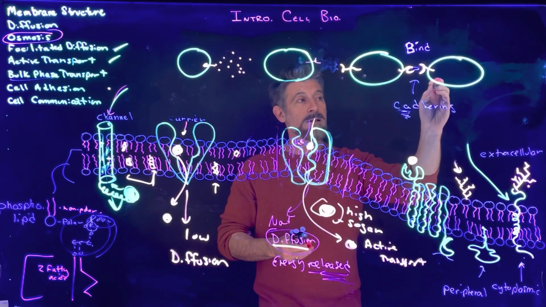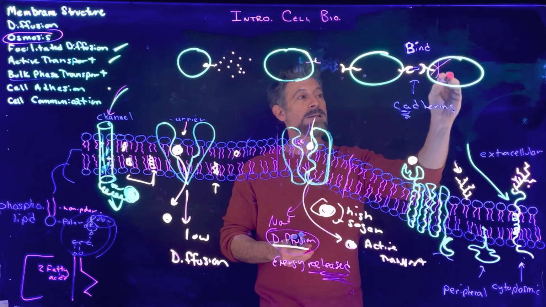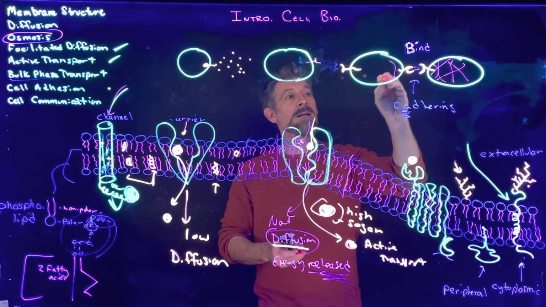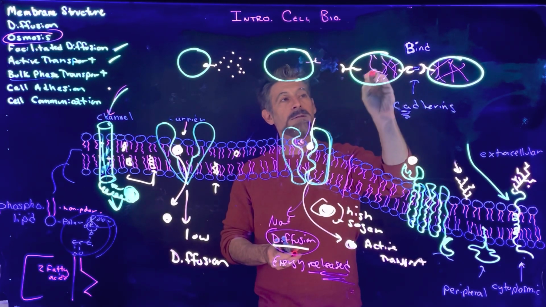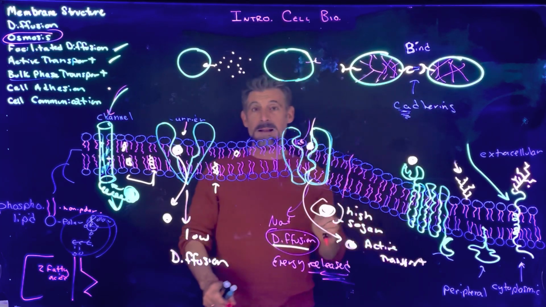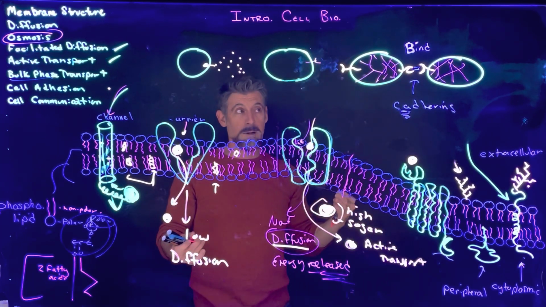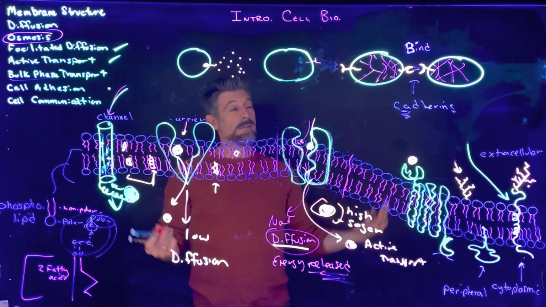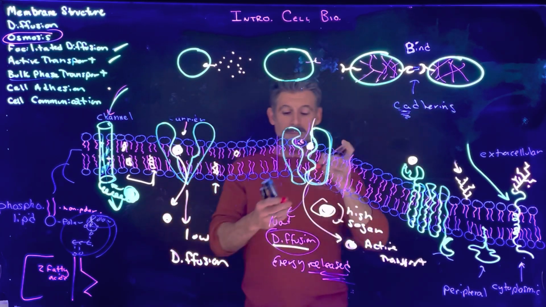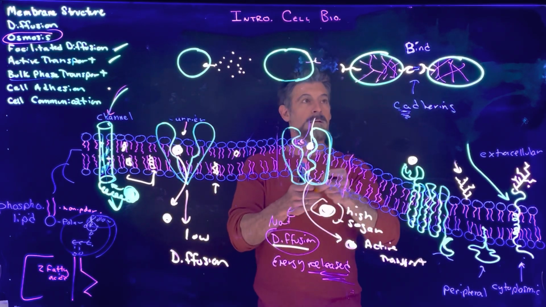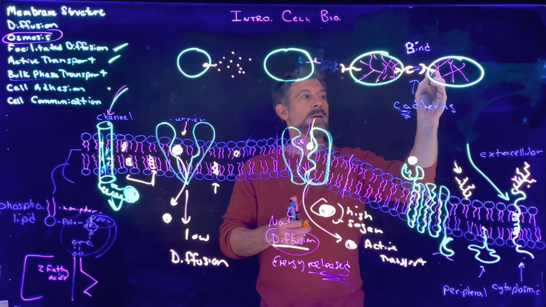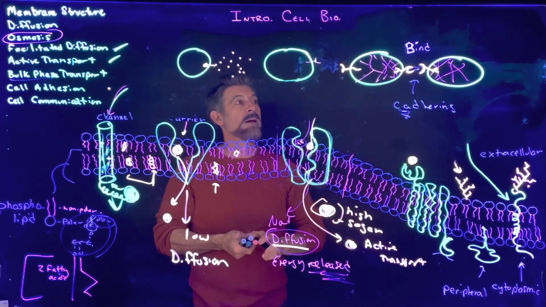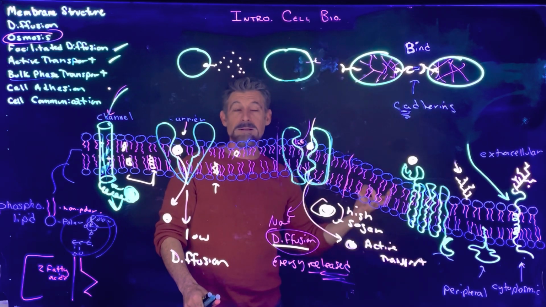Not in this exam, but we'll cover this eventually in the class. Inside the cell is a network of protein fibers and filaments called the cytoskeleton. So cells have a skeleton made up of proteins on their interior, all different kinds. These particular receptors, the cadherins, bind to that cytoskeleton.